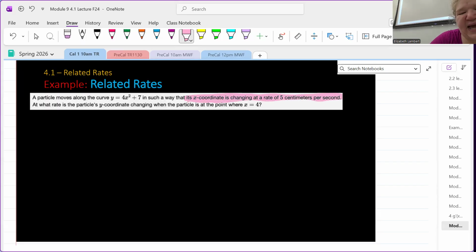So when they tell us the x coordinate is changing at a rate, then the rate is our dx/dt. So dx/dt is 5 centimeters per second.